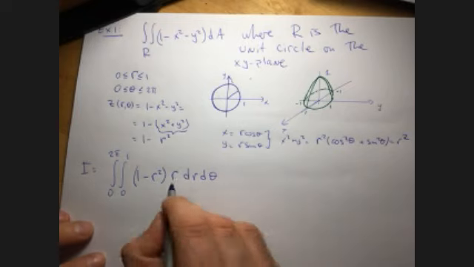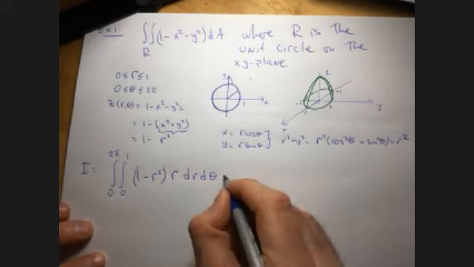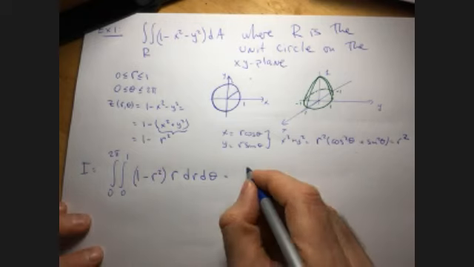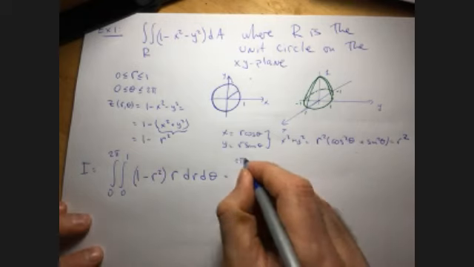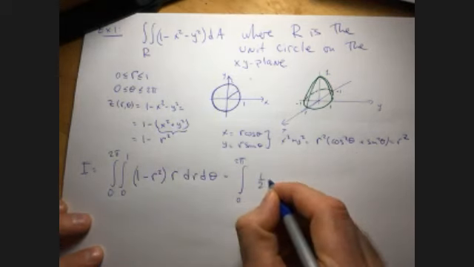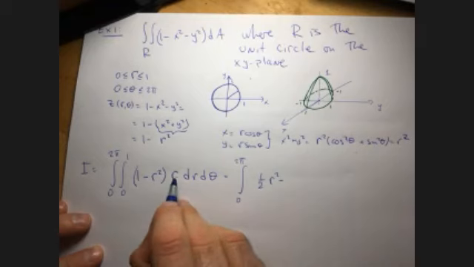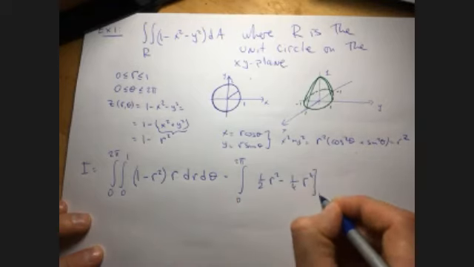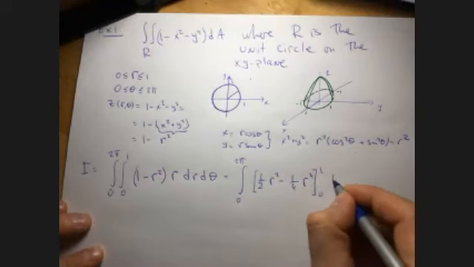You can see that r is independent of theta, so you don't have to do it like that. This is 1 times r is r, integral of r is 1/2 r squared minus r cubed, integral of r cubed is 1 over 4, r to the power 4, evaluated from 0 to 1.